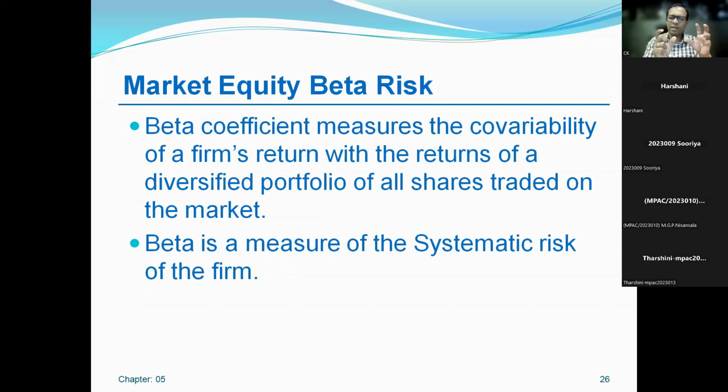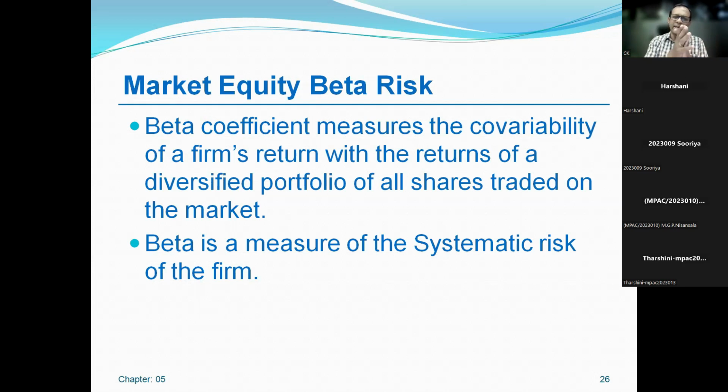Let's say if your beta is 2, you get the firm's risk. You can derive the firm's risk based on the market. Market risk 5%, beta 2, then the firm's risk is 5% into 2. That is 10. Right? That's how you get it.